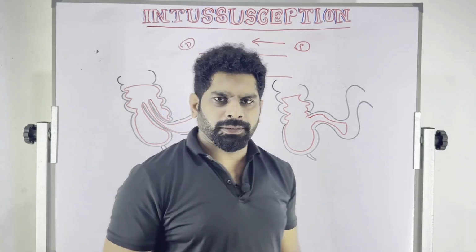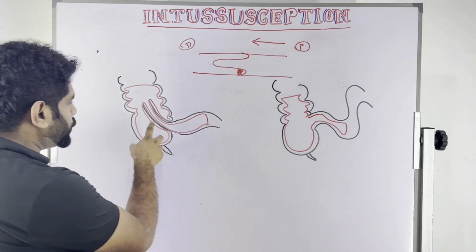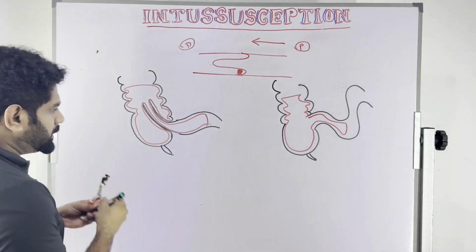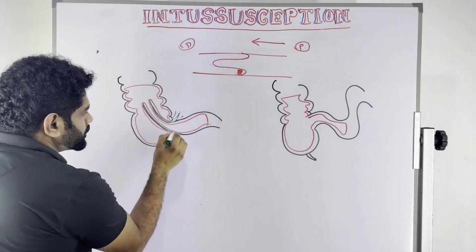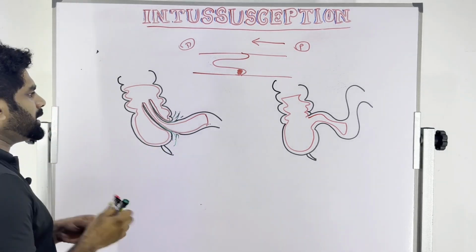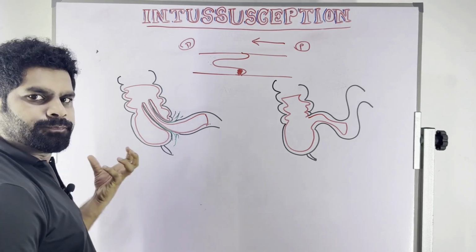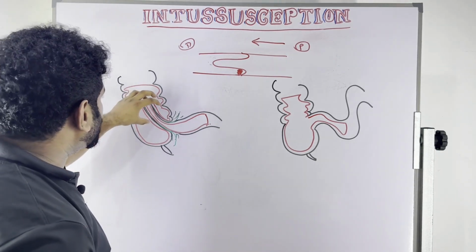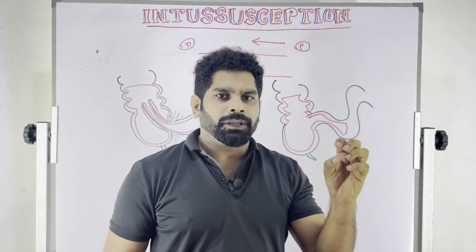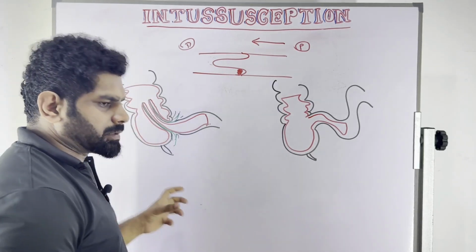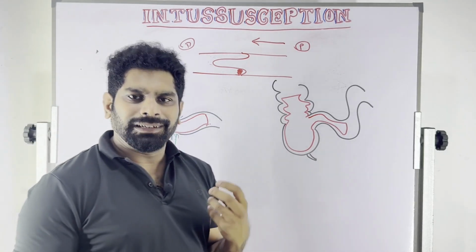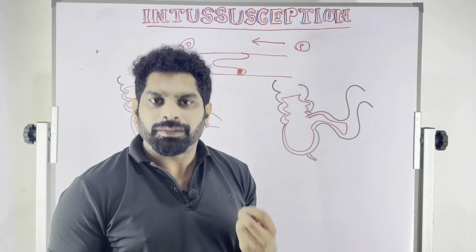When the disease progresses, due to the peristaltic movement of the bowel, the omentum also will get trapped. Ultimately, it will become swollen. So, the lumen is now compressed with the swollen bowel. It will cause features of bowel obstruction, and the mesenteric vessels which supply the intestine will be compressed.